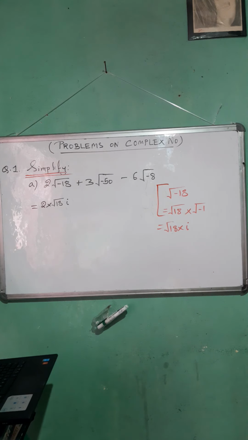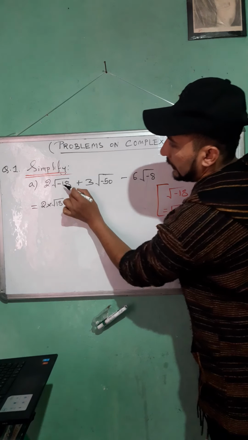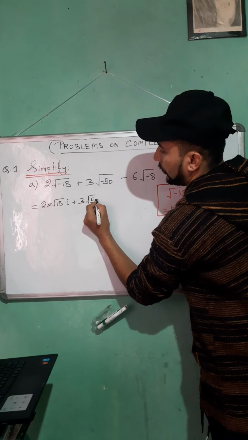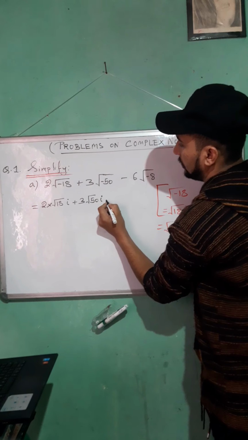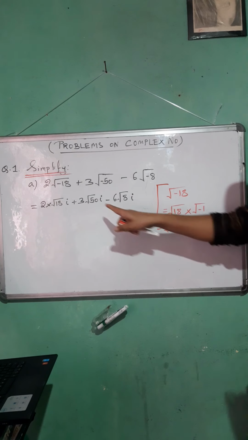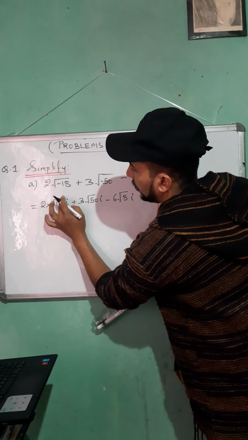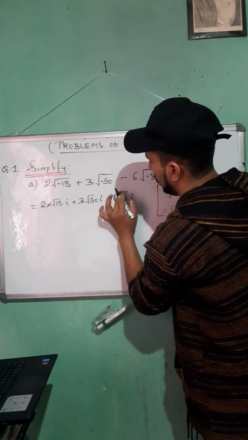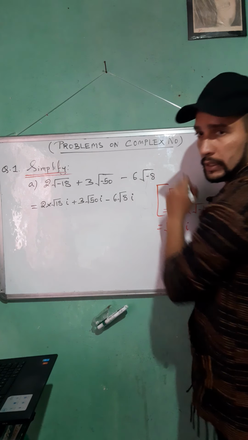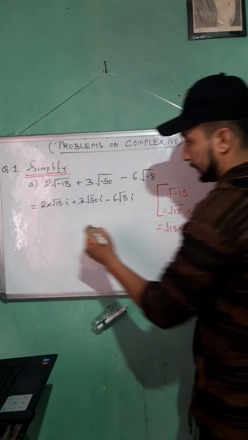So I am writing directly: plus 3 root under 50i, minus 6 root under 8i. This i is separate from the root. This root is for 18 only, this is for 50 only, and this is for 8 only, not for i.